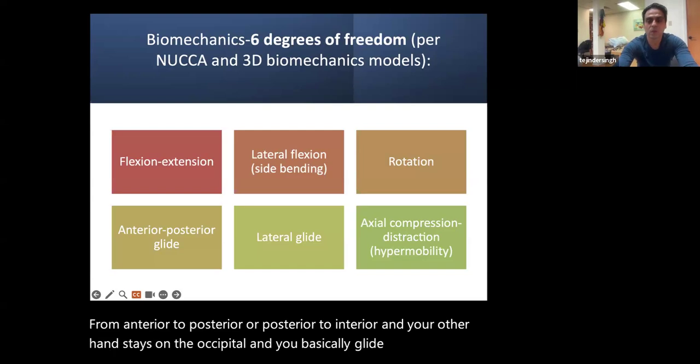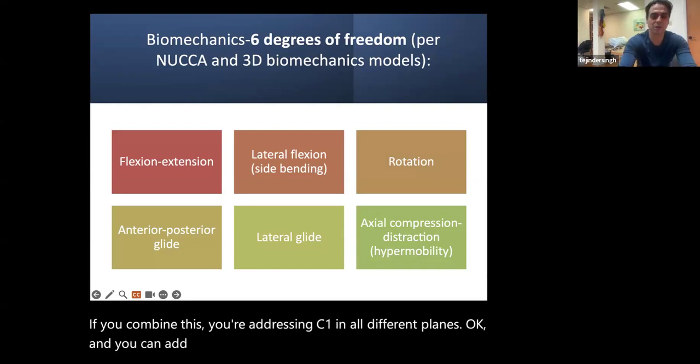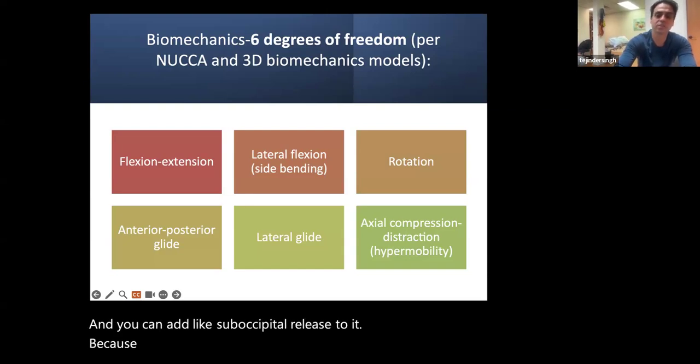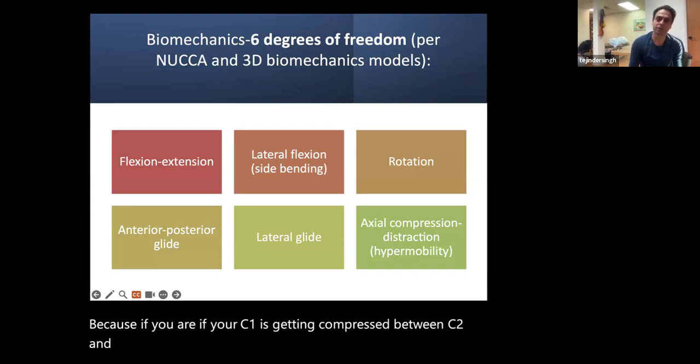Okay. If you combine this, you're addressing C1 in all different planes. Okay. And you can add suboccipital release to it, because if your C1 is getting compressed between C2 and the occiput, you're at least releasing it. Okay.